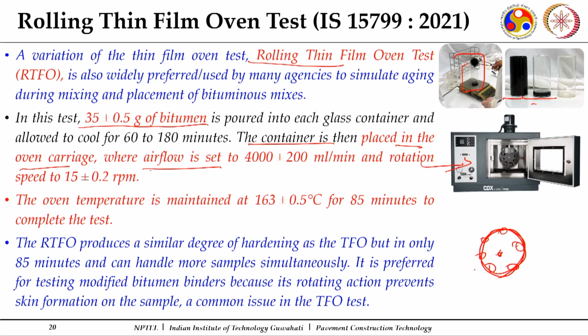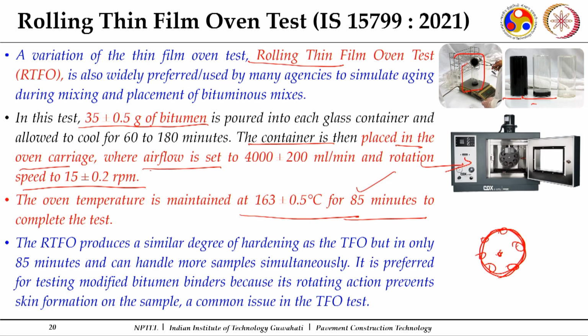So, any formation of a film is reduced because of the air flow, and this rotates at a speed of around 15 revolutions per minute, and the test is done at 163 degrees centigrade. It produces the aging which we got with the thin film oven in 5 hours; here we get the similar amount of aging in 85 minutes.